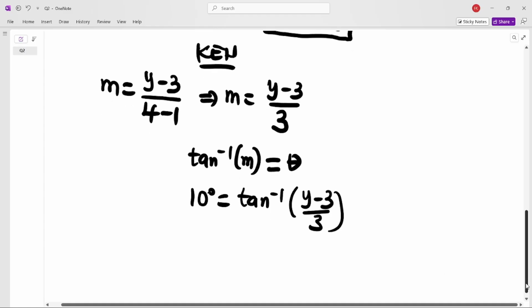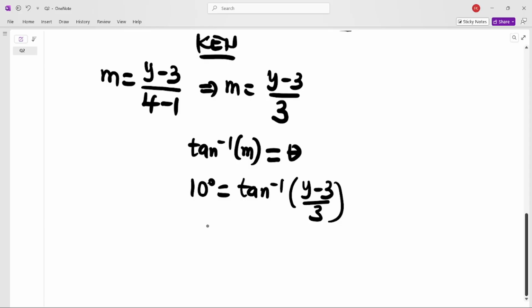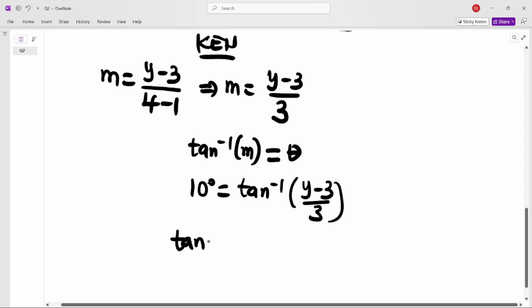Now, since we want to set the inverse to the other side, when you set the inverse of a trigonometric ratio to the other side, it becomes positive. So we have tan 10 is equal to y minus 3 over 3.